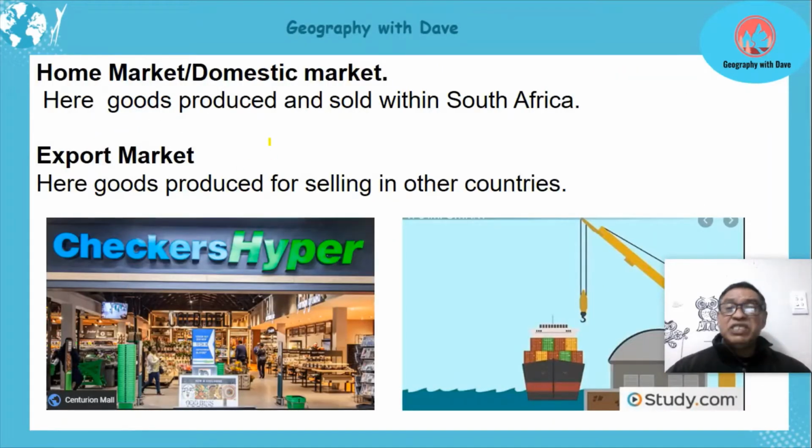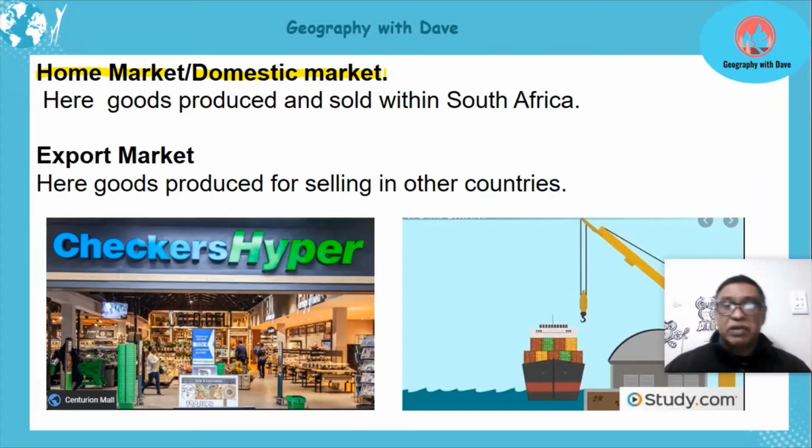Obviously, if we're going to link it to the home and export market, we need to have an understanding of what the home market and the export market are. Very important for us. Now, let's look at the home market. In many texts, it's also called the domestic market.